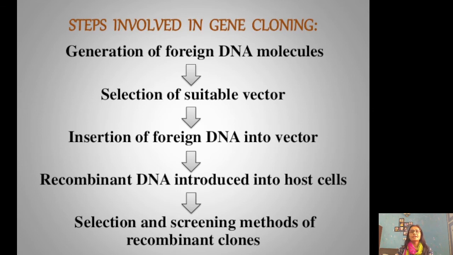Then we select suitable vectors for cloning. We insert the foreign DNA, or DNA to be cloned, into the vector with the help of the ligase enzyme. We join the DNA molecules to the vector. This vector containing the DNA fragment is called recombinant DNA, and then we introduce this recombinant DNA into the host cell.